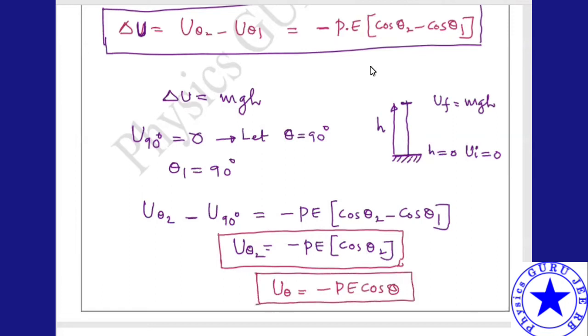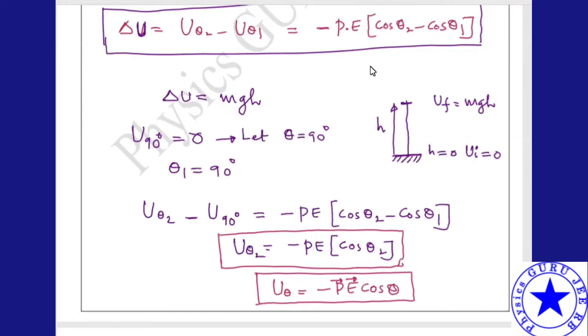Hope it is clear till this point, right? So U of theta is nothing but minus PE cos theta, where P is the dipole moment, E is the electric field, and theta is the angle between P and E. What is the assumption we are taking? At an angle of 90 degrees, potential is 0.